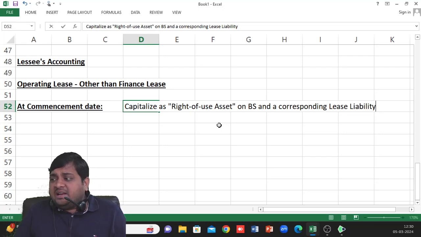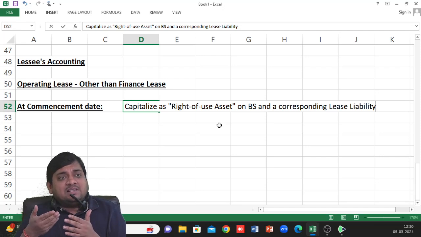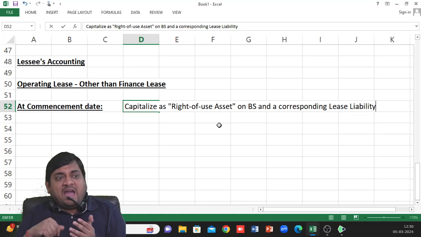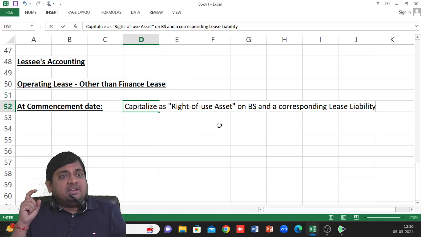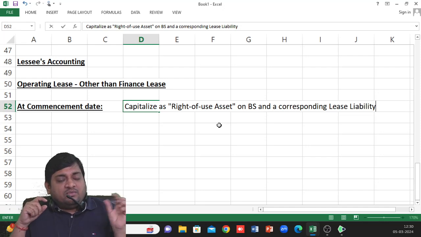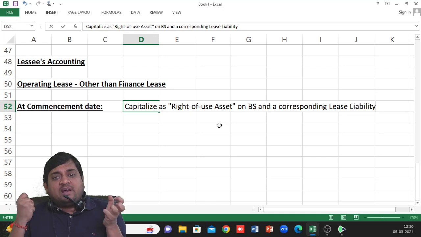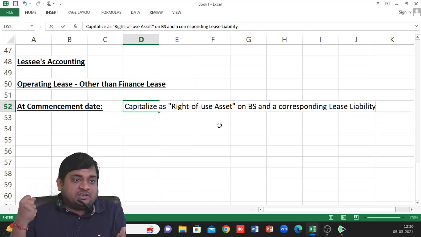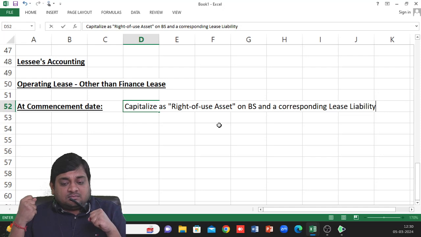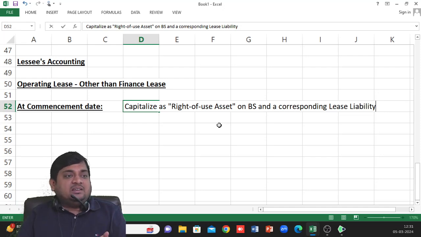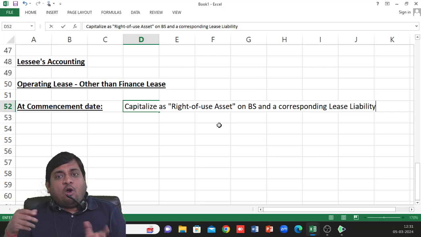Generally, in operating lease, every time we pay lease rentals, we show it as an expense, expense to cash, and that expense is shown in the income statement. We never used to show operating lease in the balance sheet, but this is the treatment as per US GAAP, that it cannot be an off balance sheet item.